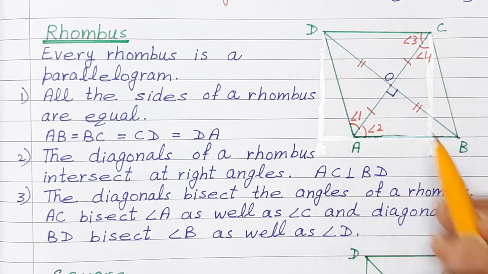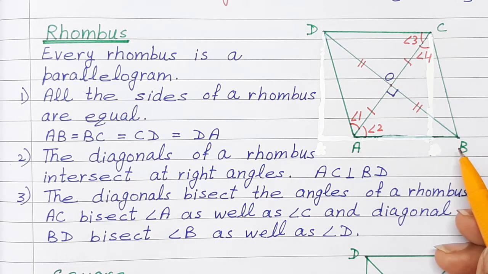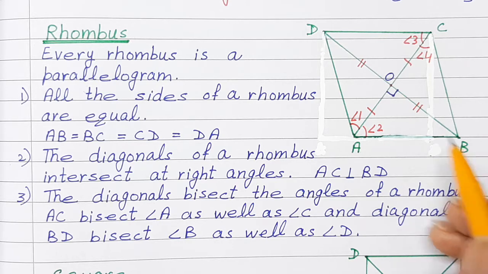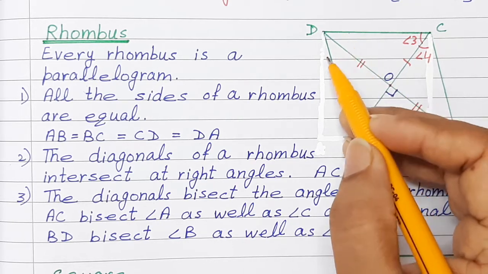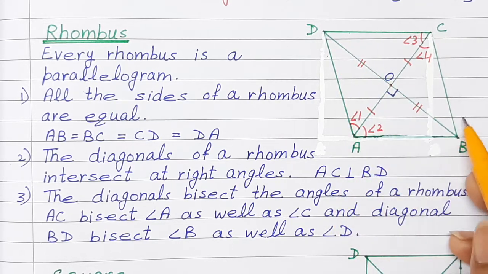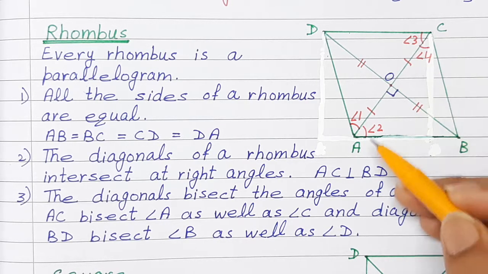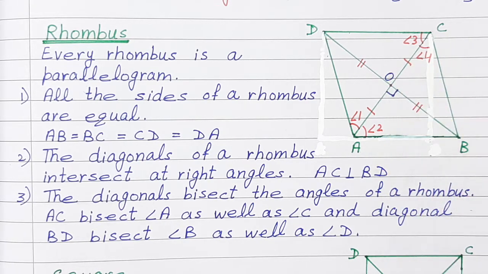Now, BD is also bisecting the angles, right? BD is bisecting the angle. Here also the two angles are equal, and at point B also. So, the diagonals of a rhombus bisect the angles. I hope you all have understood the properties of a rhombus.